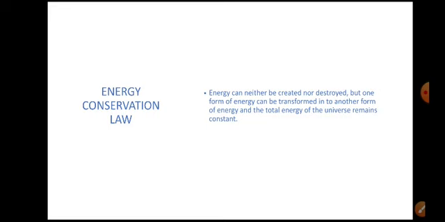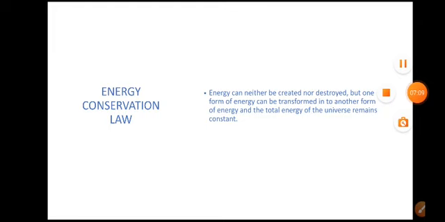If one body is projected up and one body is falling down, at which height do both the bodies meet, or what is the velocity at different positions. This type of question arises in competitive examinations. So energy conservation law: energy cannot be created nor destroyed, but one form of energy can be transformed into another form, and the total energy of the whole universe remains constant.